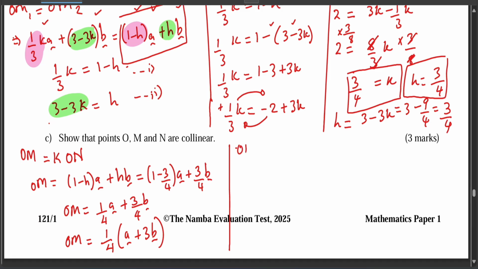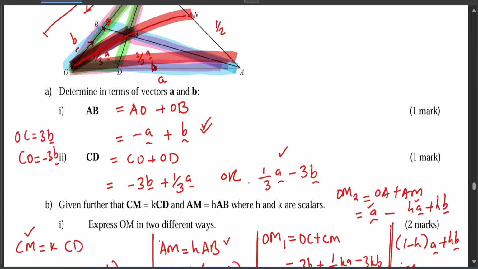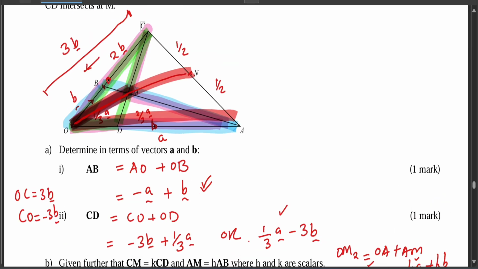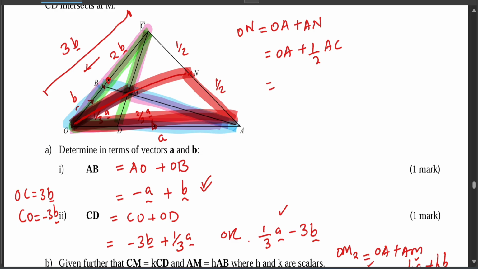What about ON? Now we find ON. You come here, and ON is given by OA plus AN. So ON is OA plus AN, and what is our AN? AN is 1/2 of AC. And what is AC?